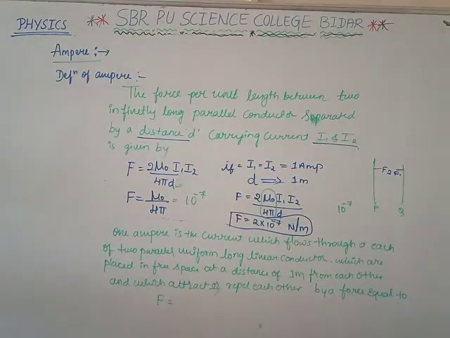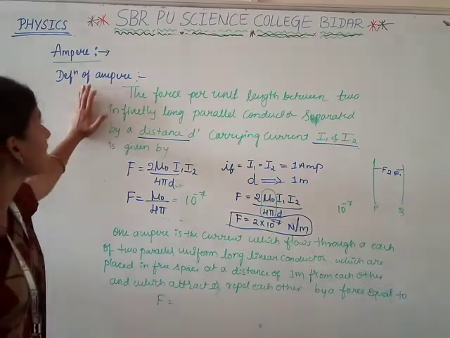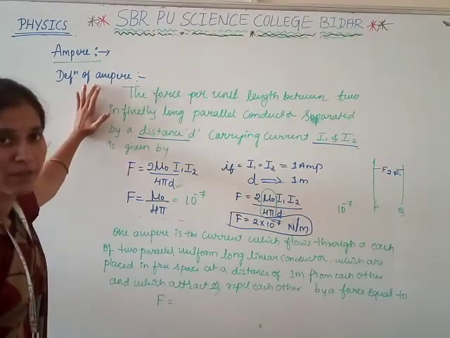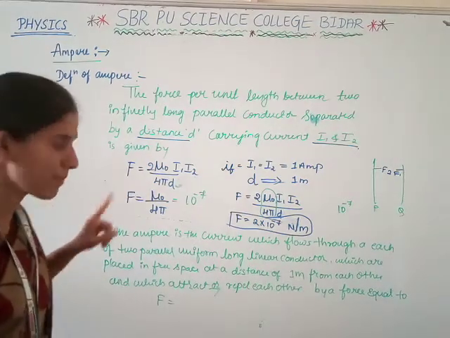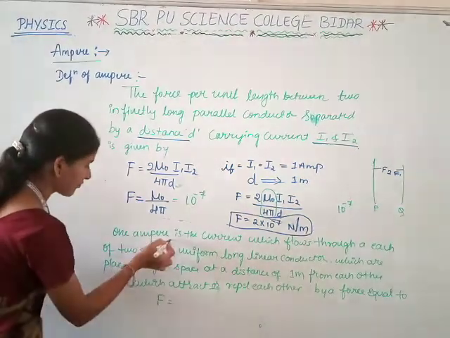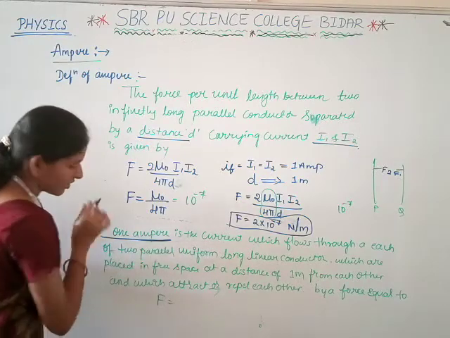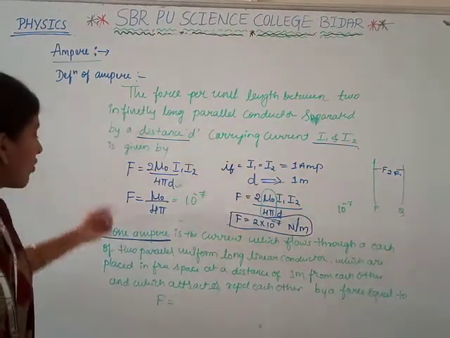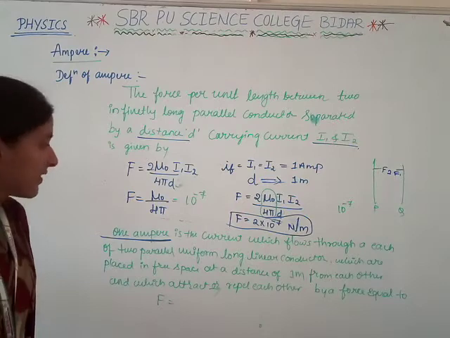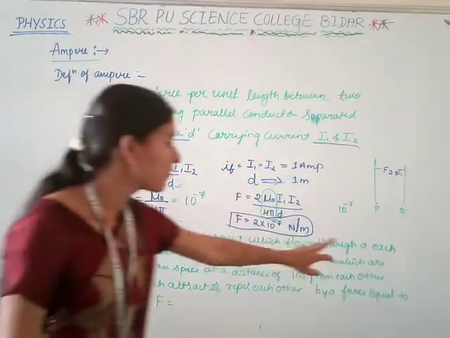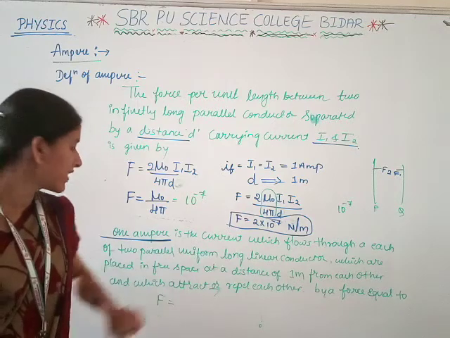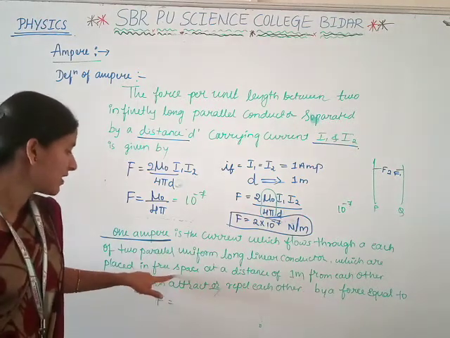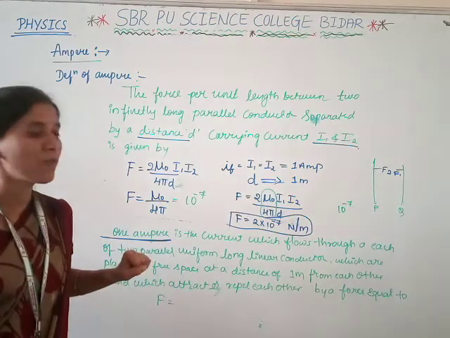Okay. Now we know this definition for ampere. For 1 ampere, the definition is the current which flows through each of two parallel uniform long linear conductors which are placed in a free space at a distance of 1 meter.